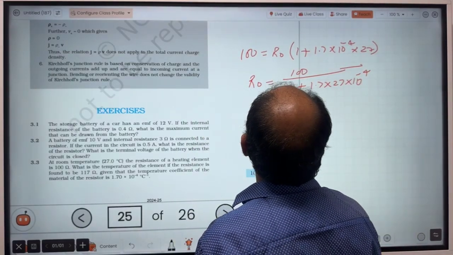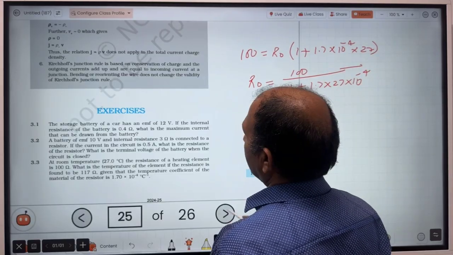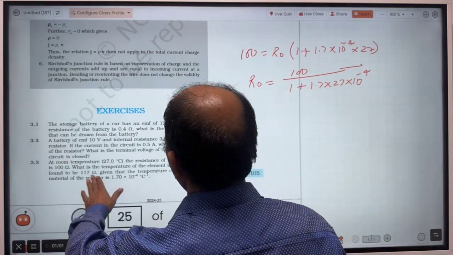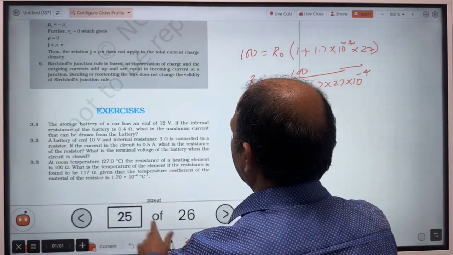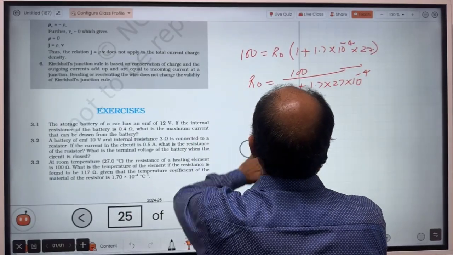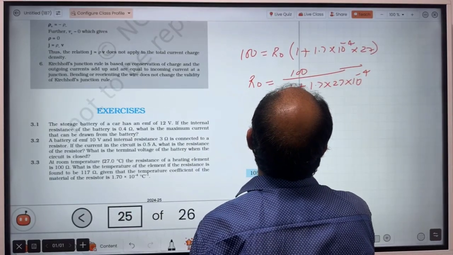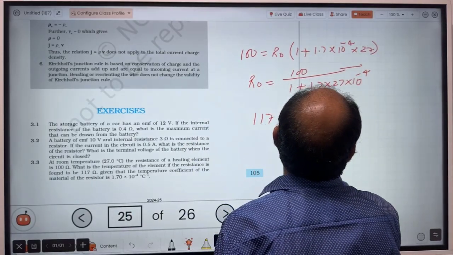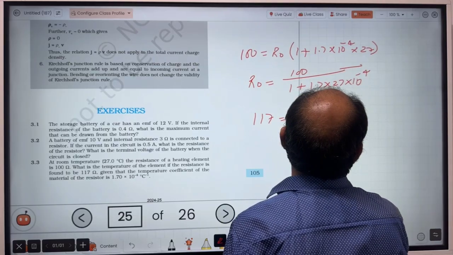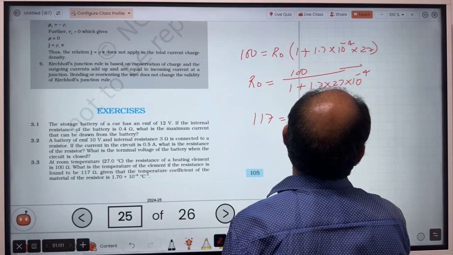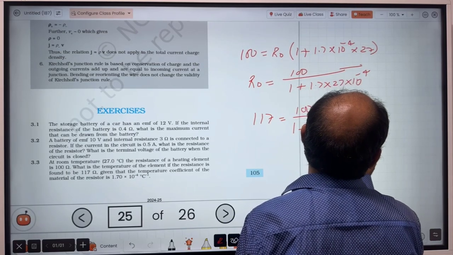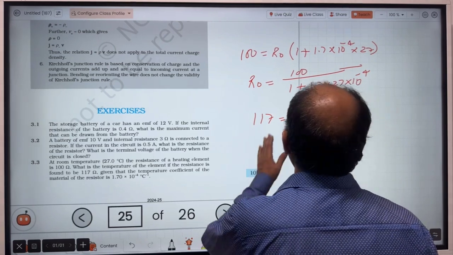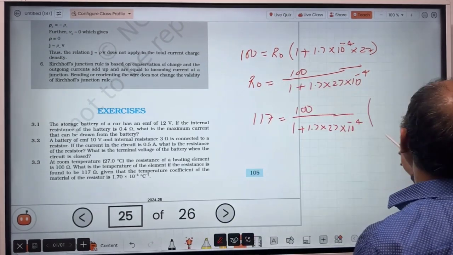Now for the second, what do you do? Just write that resistance R, the value is given. So it is 117. So write here 117 equal to R0, this value 100 divided by, you can use a calculator for this, 1 plus 1.7 into 27 into 10 power minus 4, and this is R0 into 1 plus alpha t again.